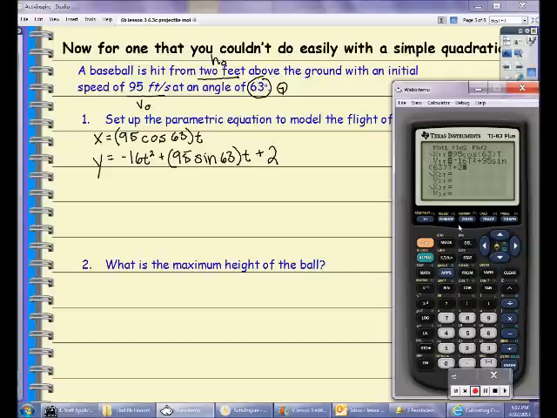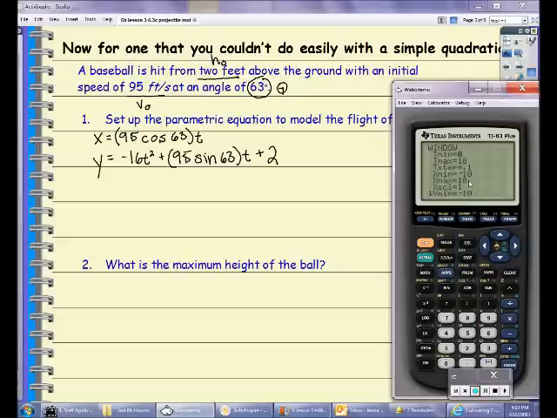Before I graph this, I'm going to go to my window, because I have to think that this is going to be a little bit different than, say, what we were talking about in the last problem. It's a baseball going 95 feet per second, so I'm going to pick 10 seconds for fun. Why not?